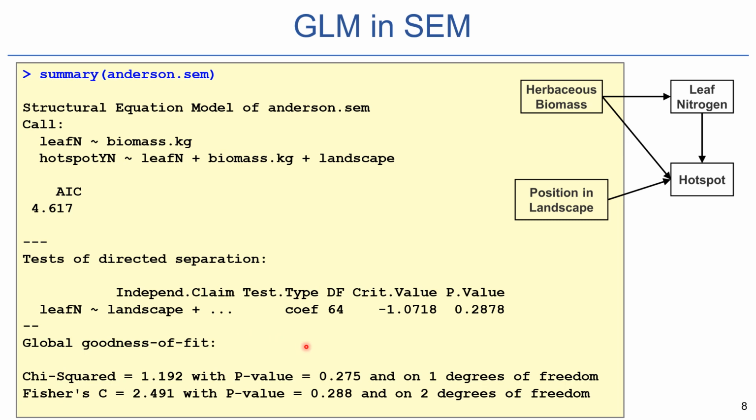So this test suggested the missing link from landscape to leaf nitrogen, but this effect is not significant, so we will not consider this in our model. And we got our chi-square and Fisher's C statistics, and we see that the p-values are very high, so we can say that our model fits the data well.